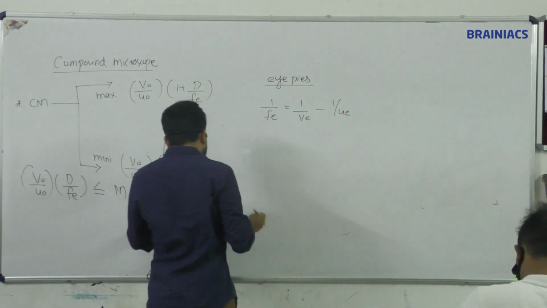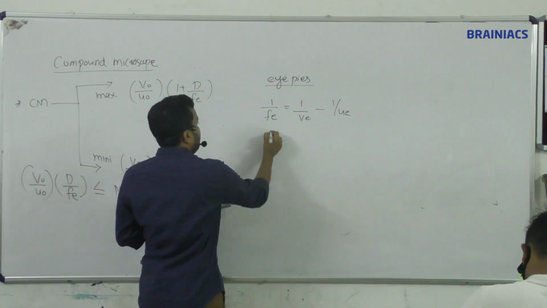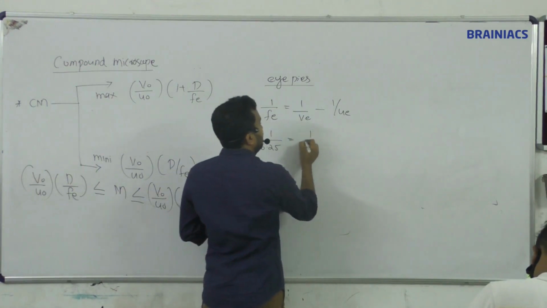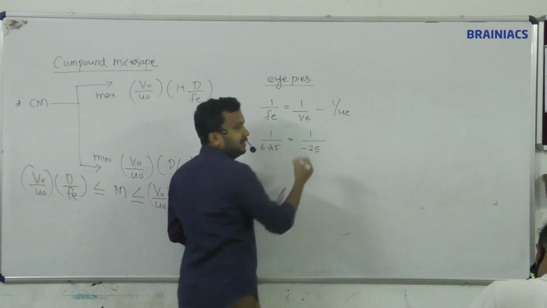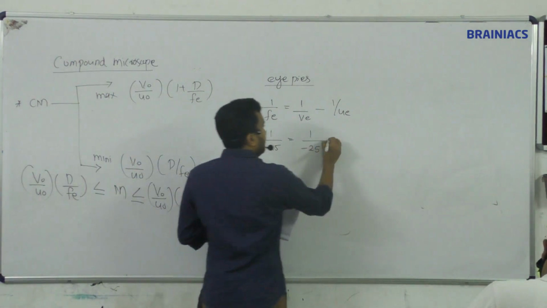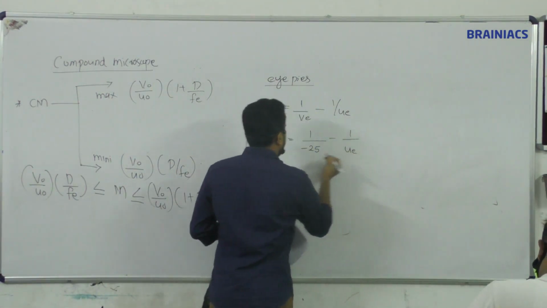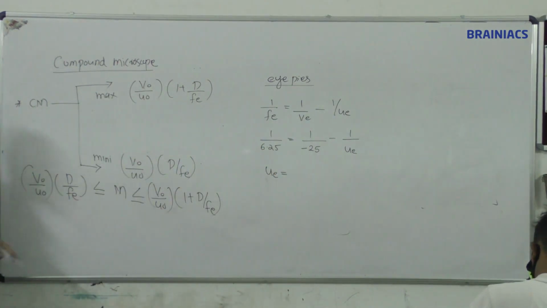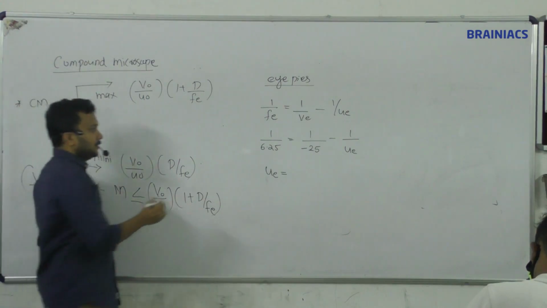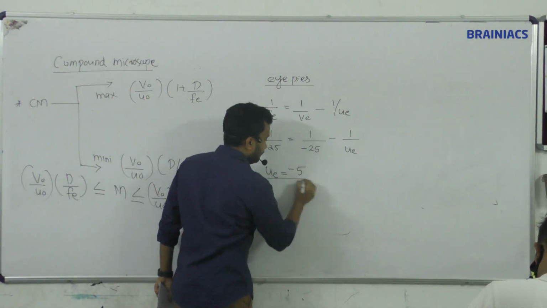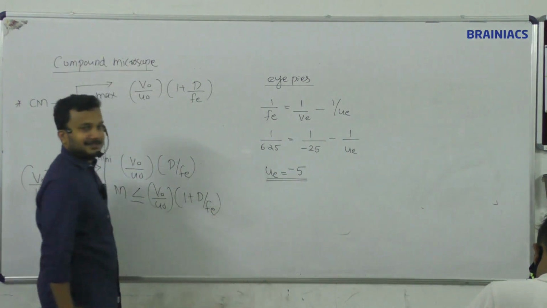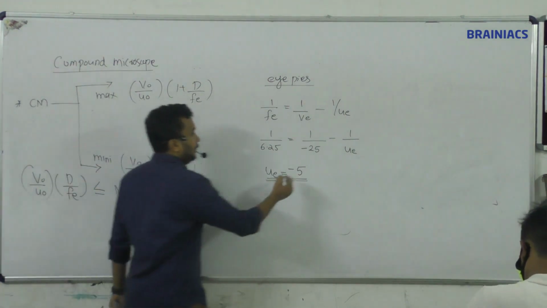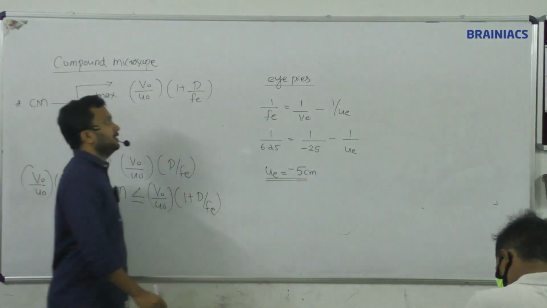Okay. Now the focal length of the eyepiece lens is 1 by 6.25, everything in centimeters. So 1 by VE, VE is minus 25, correct? Minus 1 by UE. To find UE, tell me the value first. Minus 5. So UE equals minus 5. That is the first confirmed step. Okay, UE is minus 5 centimeter.